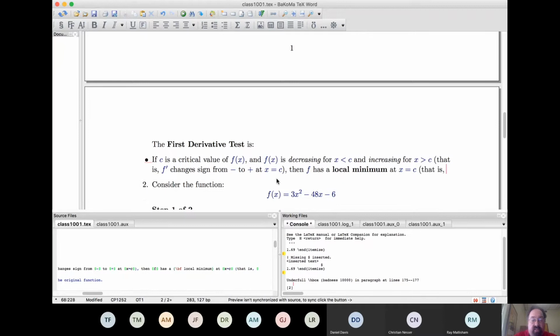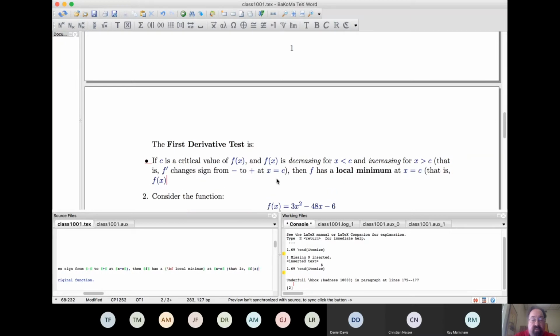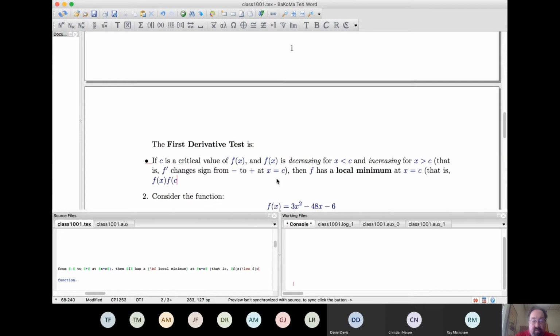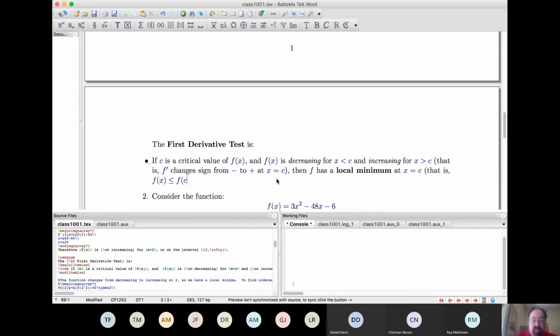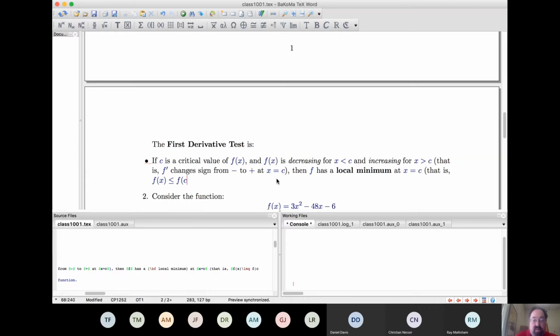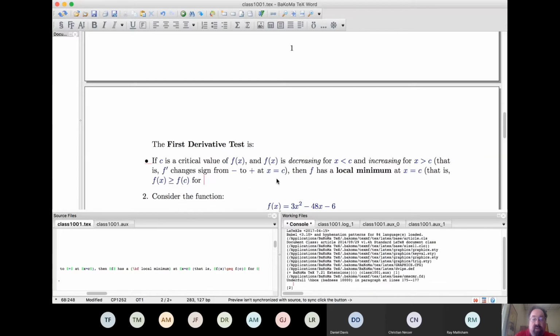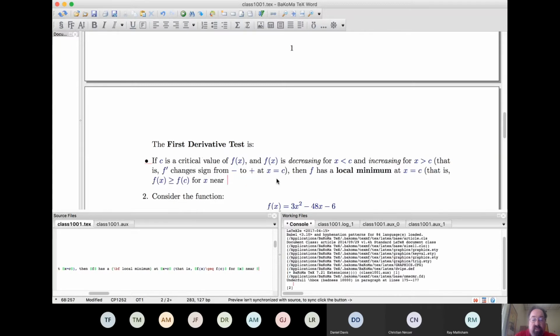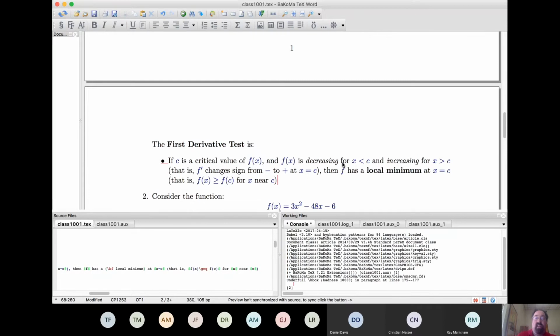That says that f of x is greater than or equal to f of c for x near c. So that's where the local comes in.